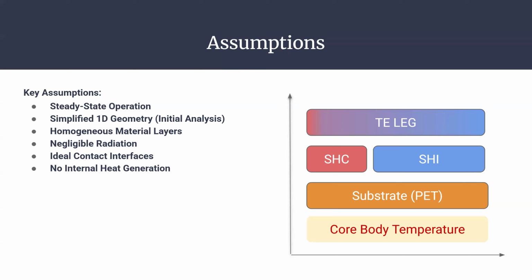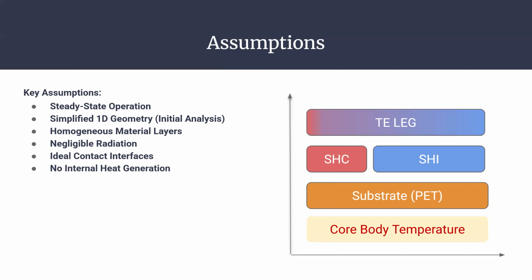The next assumption that we made is ideal contact interfaces, which means the matching between every two layers is 100%. There are not going to be air gaps and heat loss through the heat transfer through the interfaces.